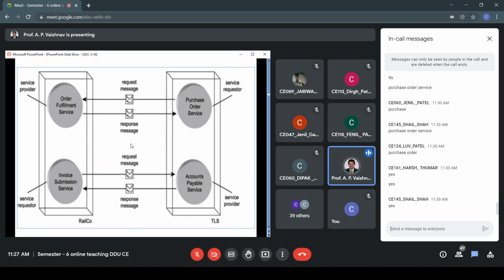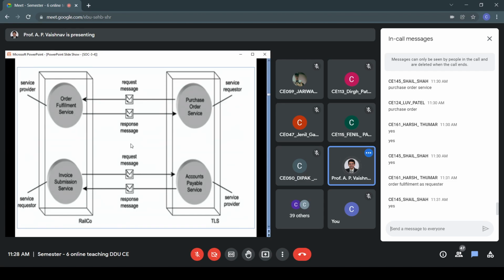When you are sending the response message, now actually your order fulfillment service becomes which type of service? Yes. Order fulfillment becomes a requester because now it is sending a response message, right? So wherever the arrow goes, that is actually the provider. Are you following the convention? Yes or no? Wherever the arrow goes, that is actually the provider service.